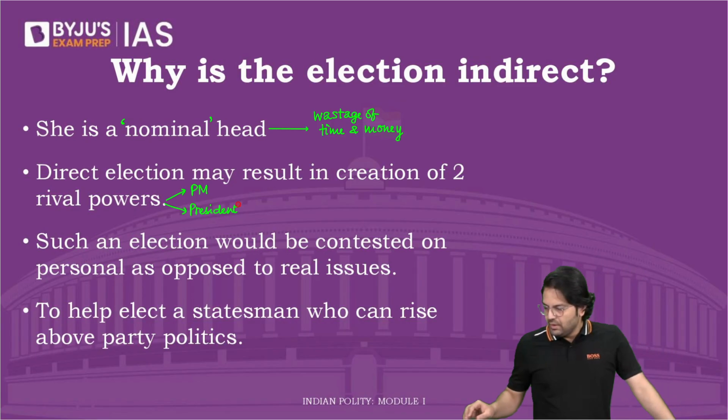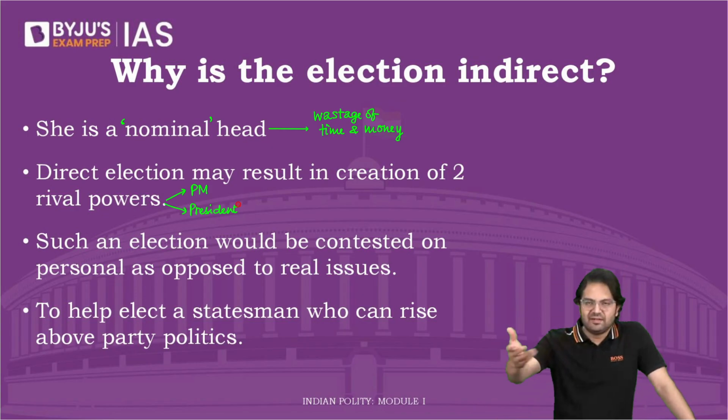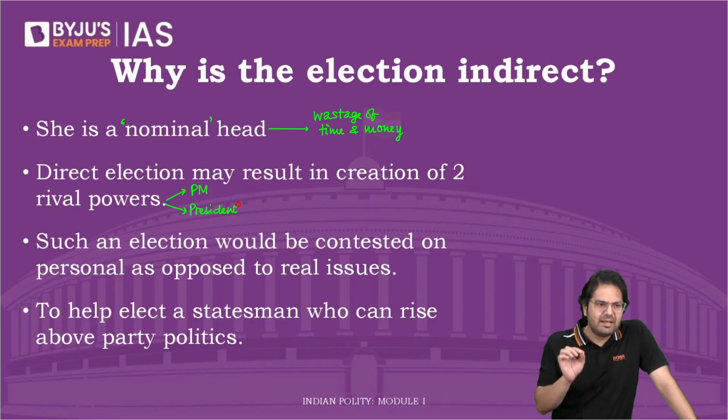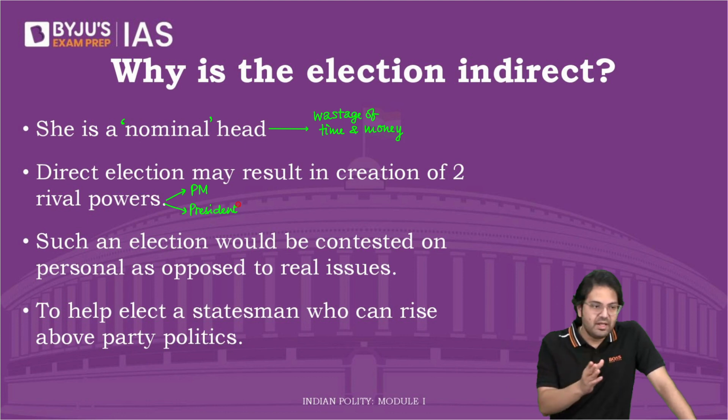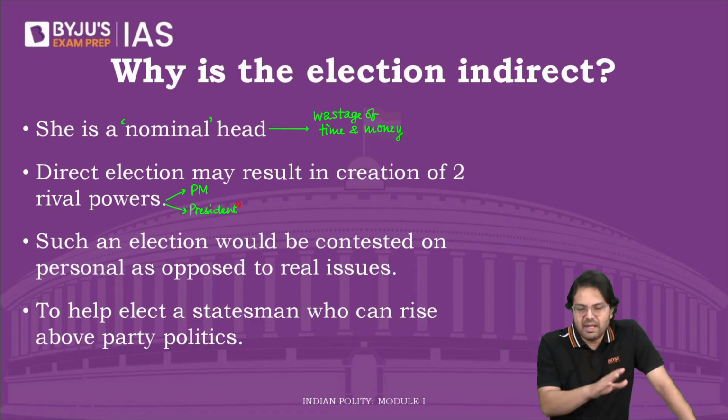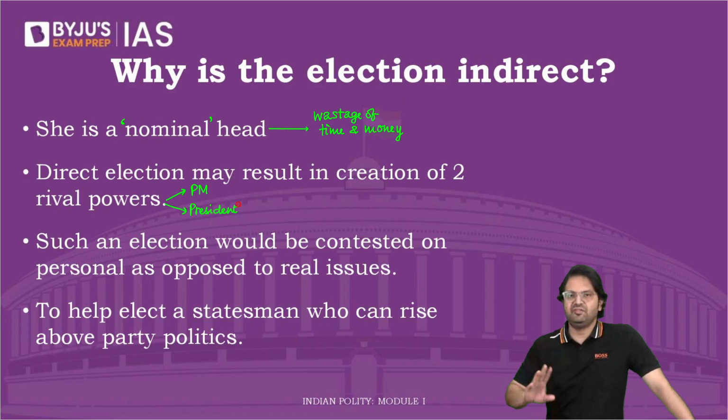One more thing. All these politicians go to various states, come to your state also, your constituency, and give speeches, rallies, campaign, and they make all these promises that once they come to power, they'll do all these things, right? My point is, how can they make all these promises? Because if they come to power, they can fulfill those promises. Whether they do or not is secondary, that's of no concern to us, but they can. The point is, the president goes to seek votes. Let's say election is direct.